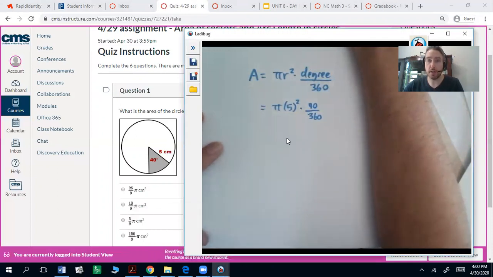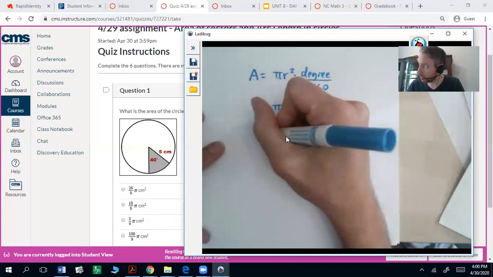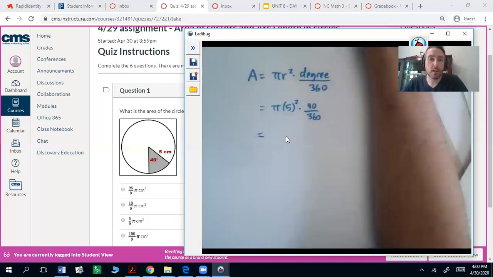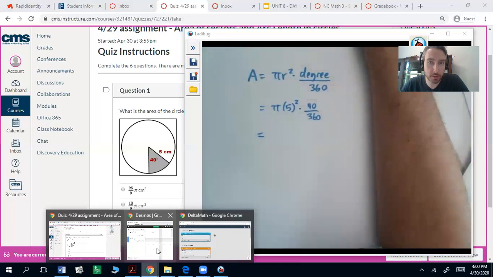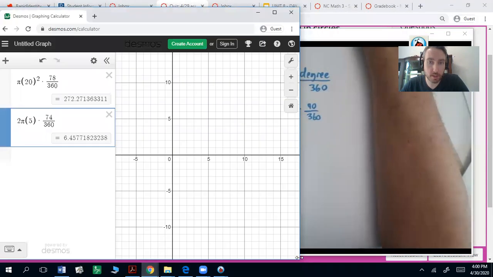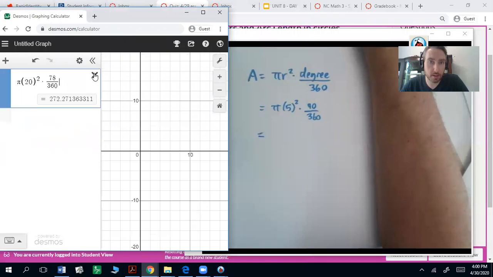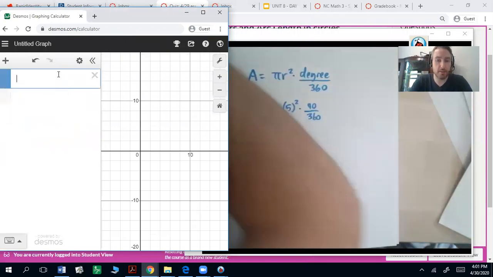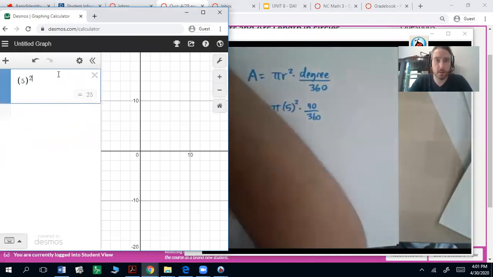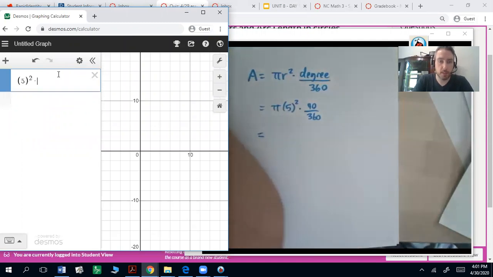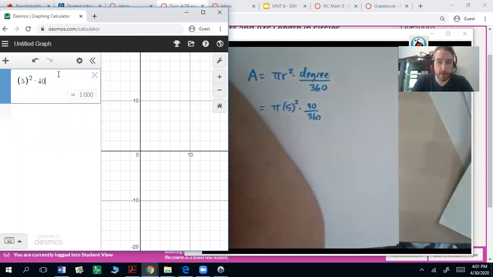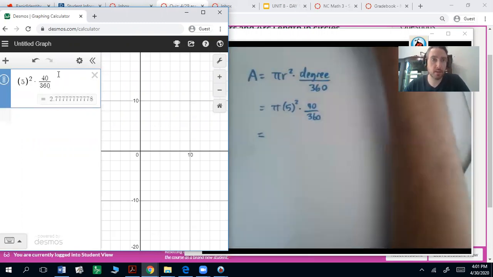All right, now we're going to calculate this in terms of pi, which means we are not going to use pi in the calculator. So we're going to go to Desmos, and we're going to type in just the 5 squared times 40 divided by 360.